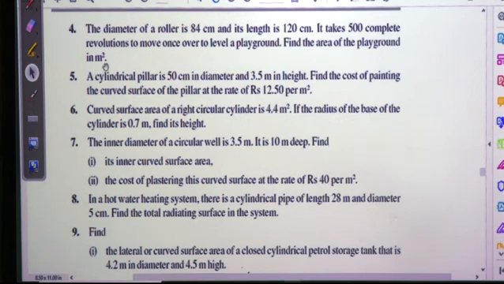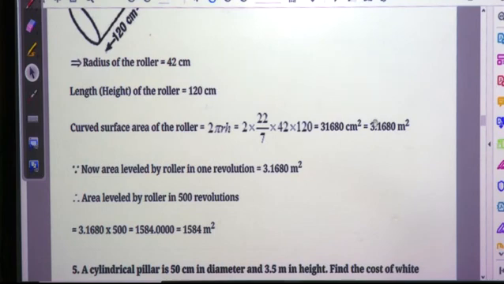Find the area of the playground in meter square. So, therefore, it becomes 3.1680 meter square. So, now the area leveled by a roller in one revolution is 3.1680 meter square.